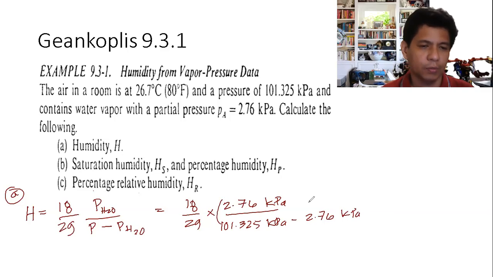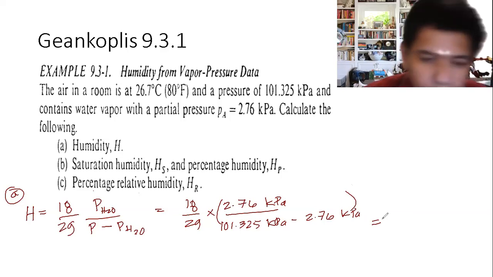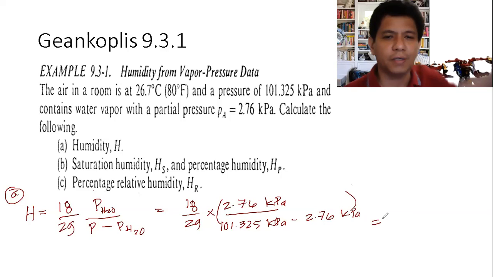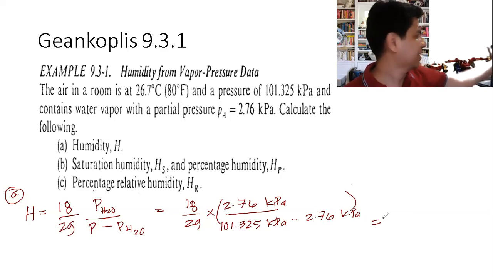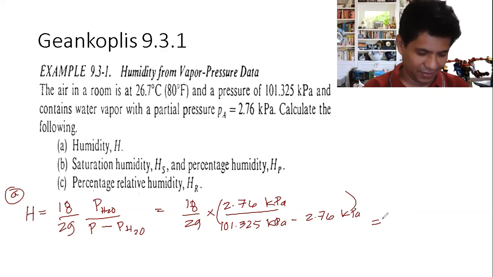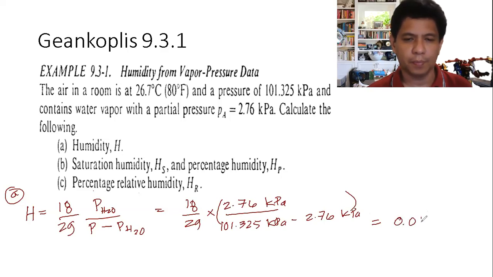Let me get my calculator. Okay, so I'm getting 0.0174, 0.0174.